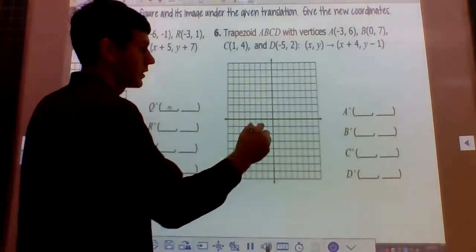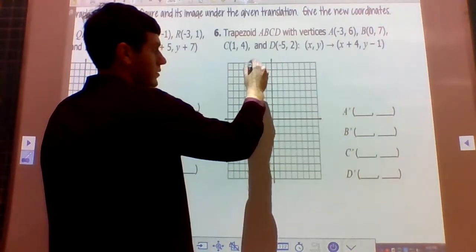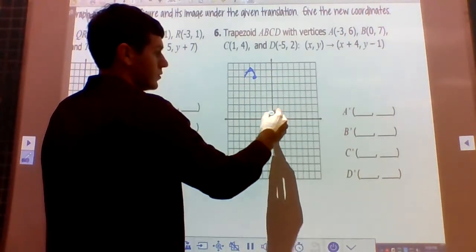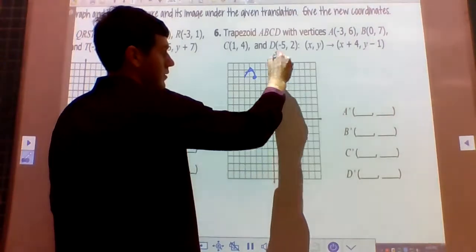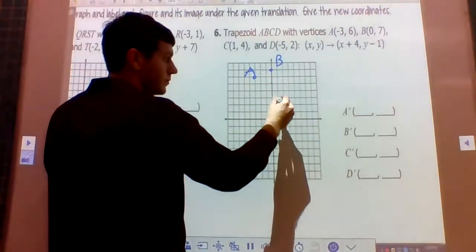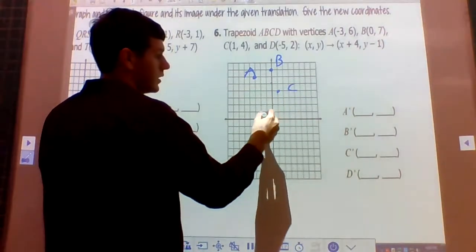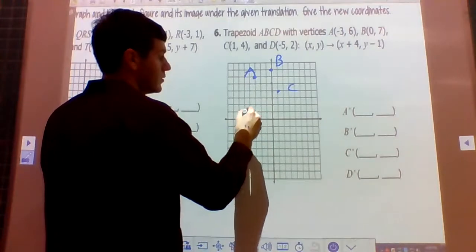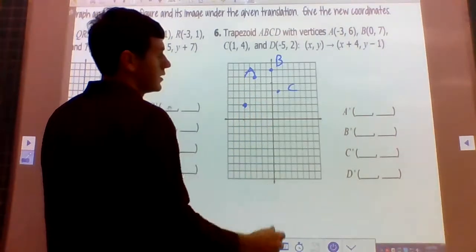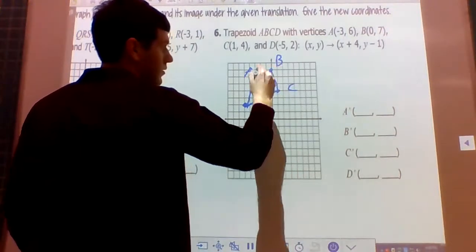So our points are -3, 6, which is A, 0, 7, which is B, 1, 4, which is C, and -5, 2. So it's a trapezoid.